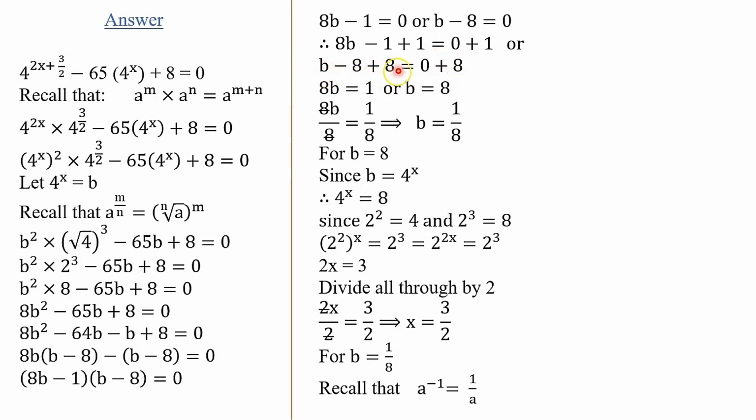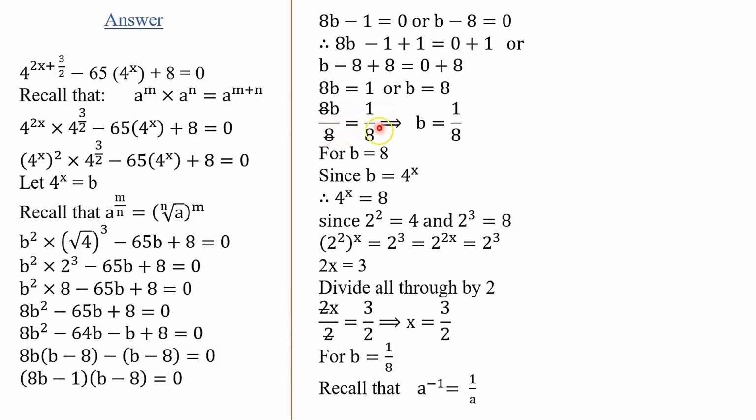For the second one, now b is equal to 8. Since b is equal to 4 to the power of x, as we have already said earlier, we're going to replace b with 4 to the power of x. Therefore, 4 to the power of x is equal to 8.